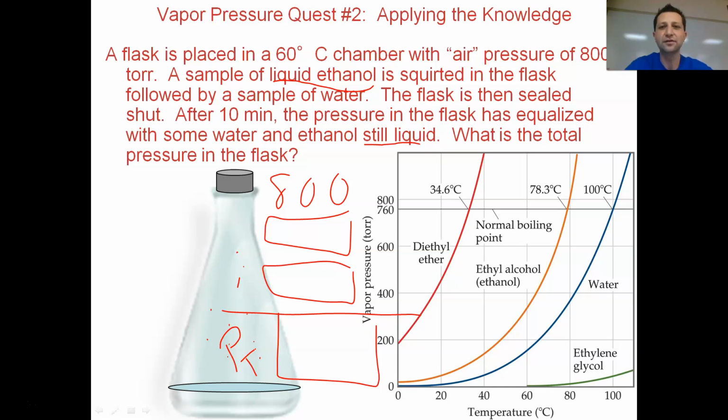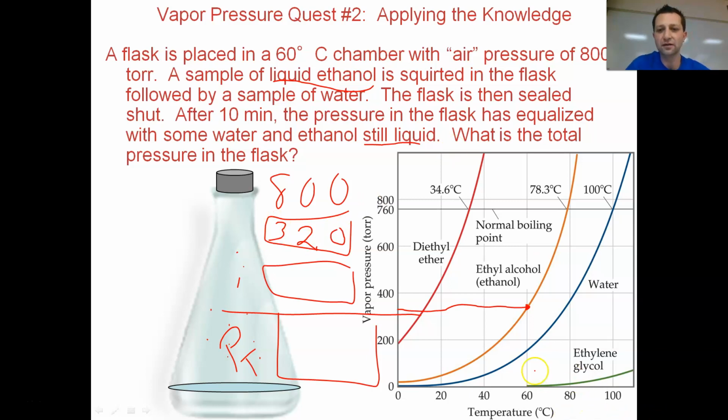So we have 800 torr from our normal air, whatever was in there. 60 degrees Celsius liquid ethanol, we are here, follow it over, and we have about, I'd say 300, I don't know, 320. Okay, let's say 320 torr from the ethanol.